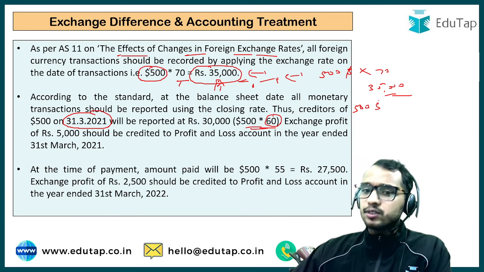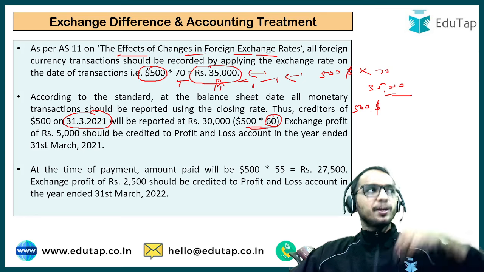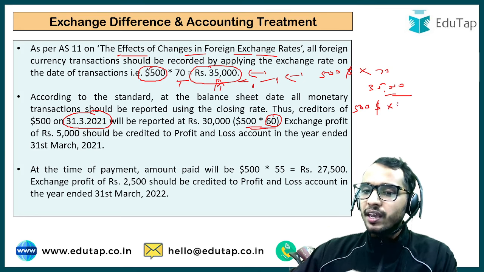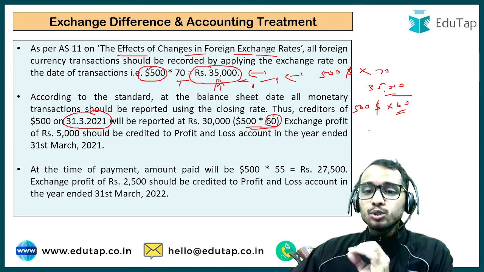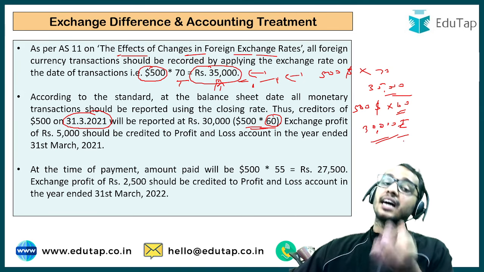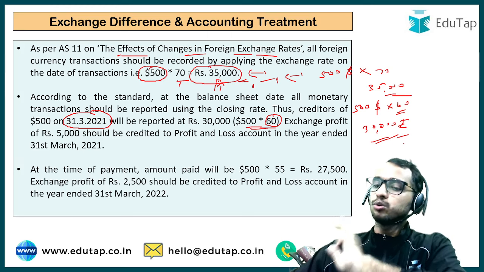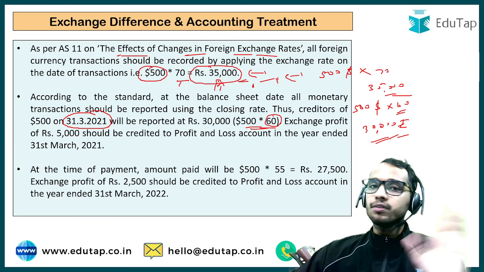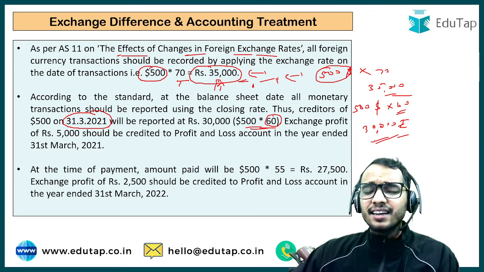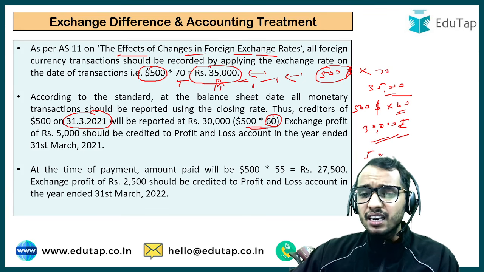Now the creditor is of $500, you have to pay in dollars 500, but you are going to exchange your money with the bank by paying only 60 rupees, isn't it? So you will only pay 30,000 rupees as at the 31st March 2021 to cover your liabilities of this $500, right? So that is giving you the benefit of 5,000.